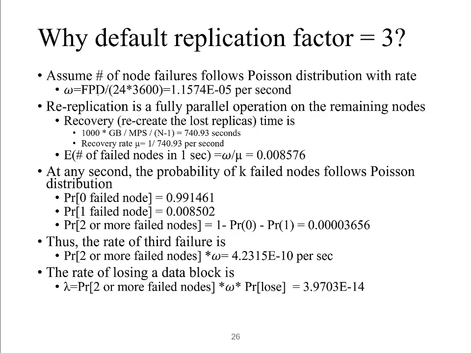So the rate, where FPD is the failures per day, divided by 24 hours times 3,600 seconds, gives us 1.15 times 10 to the power of minus 5 per second. This omega is the failure rate of a node in a second.